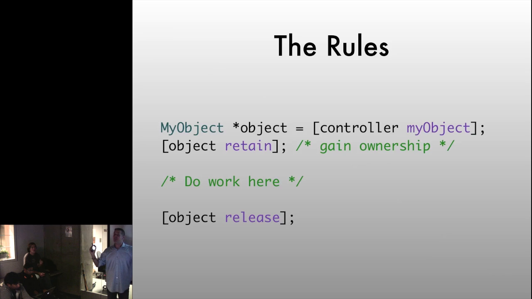Then no matter what my controller does to the object, if it has balanced release calls, then as long as you've got a retain count incremented on it, it's not going to get released out from underneath you. Work some code with the object, then release it. Balanced, retain and release, 1 and 1.